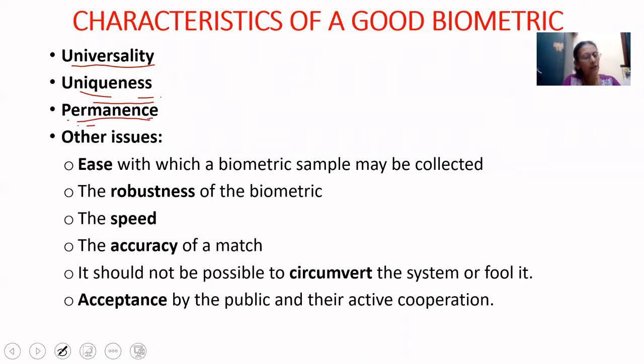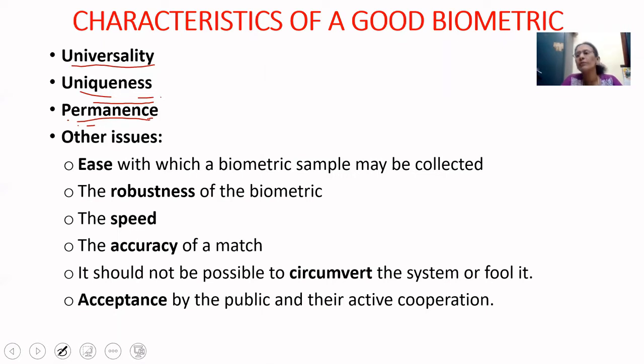Again, it may not always be possible. You take a fingerprint today, tomorrow you have a cut, and you take a fingerprint at that time, it may not match with what you have already taken. So there are a few circumstances in which even a fingerprint is not permanent, but more or less it is permanent.